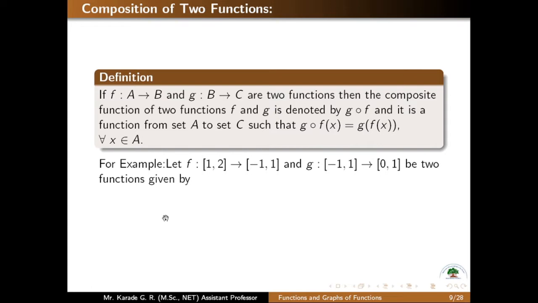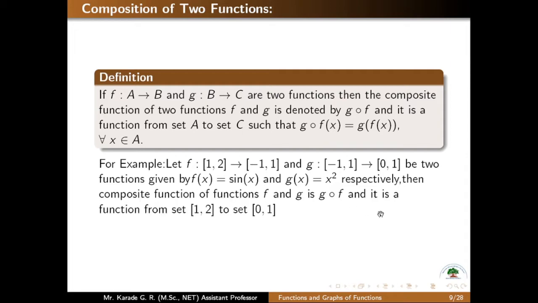Consider function f from the closed interval [1, 2] to the closed interval [-1, 1], and function g from the closed interval [-1, 1] to the closed interval [0, 1], with the two functions given by f(x) = sin x and g(x) = x² respectively.